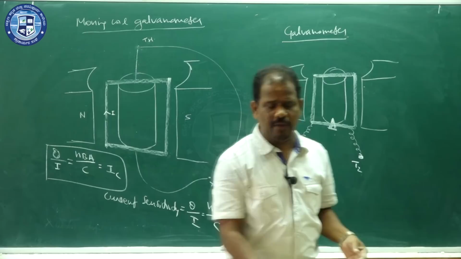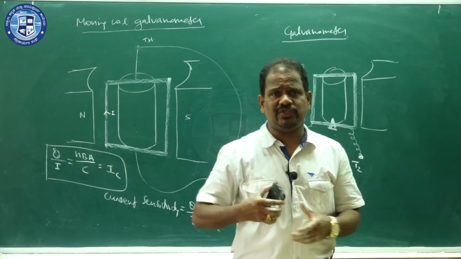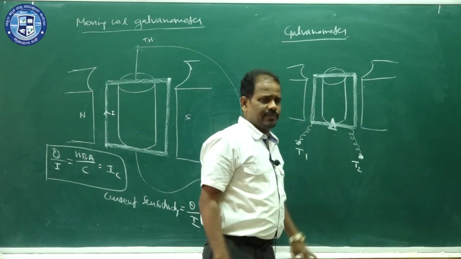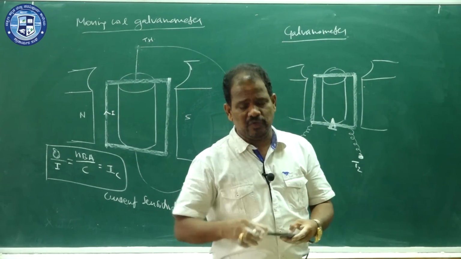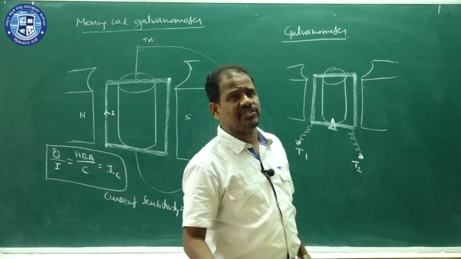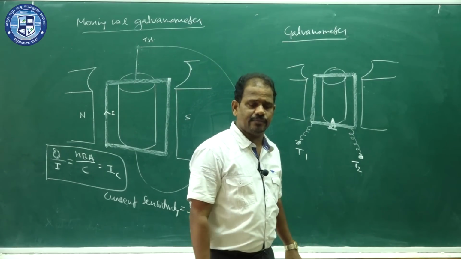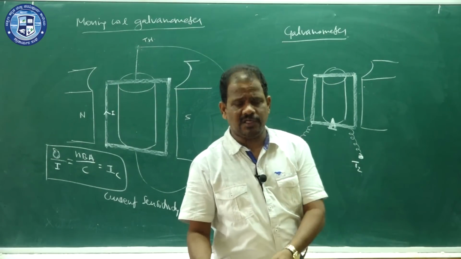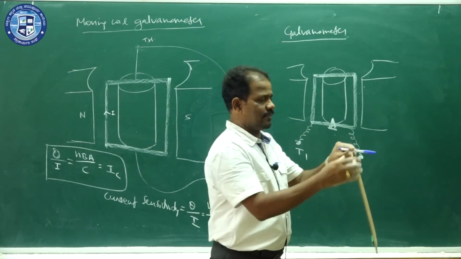In the moving coil galvanometer, the reading is seen using the lamp and scale arrangement. But in the galvanometer, the reading is seen using the needle which is connected to the coil. On the coil, there is a needle fixed like this.